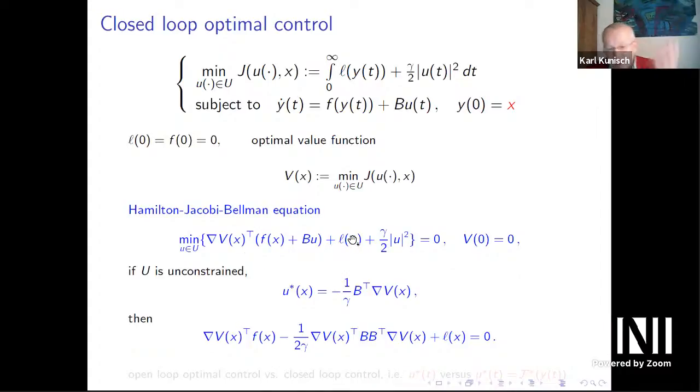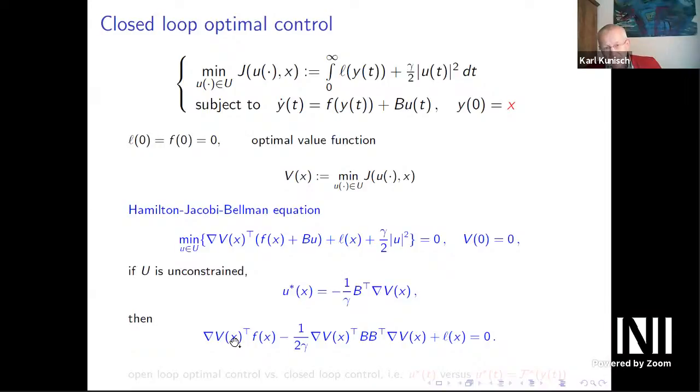And of course, this equation is to be evaluated at the left-hand side, which may not be simple in case the control contains constraints. But if U is unconstrained, we can just by hand calculate the minimizer, which is given here, and then stick the minimizer into the HJB equation, and we arrive at this hyperbolic equation for the function v, this equation.